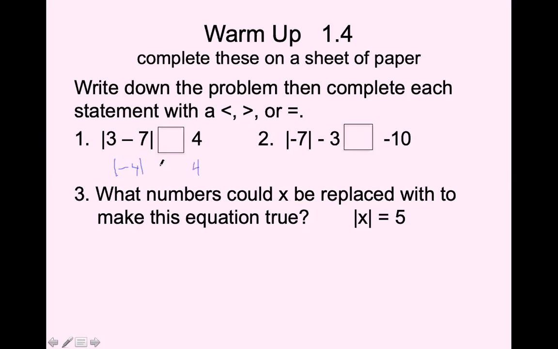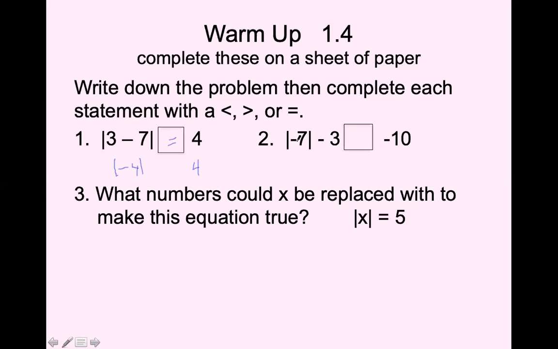And the question is, is this greater than, less than, or equal to? Well, remember absolute value means the distance from 0. So -4 is 4 units away from 0. 4 is 4 units away from 0. So in this case, I should have equals.